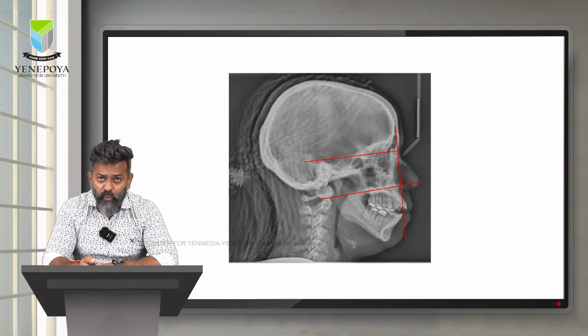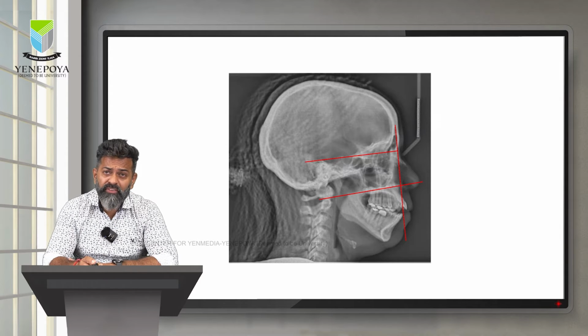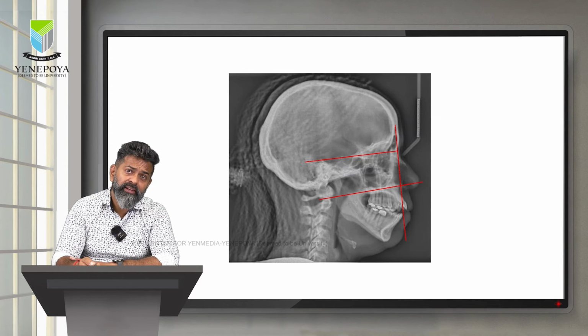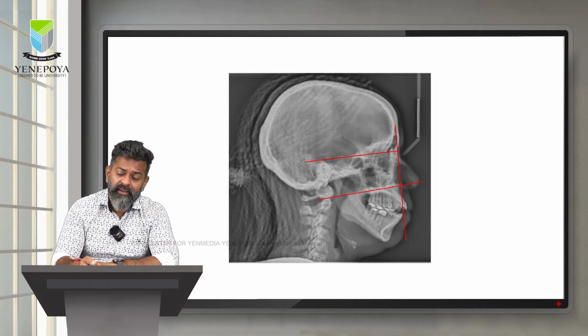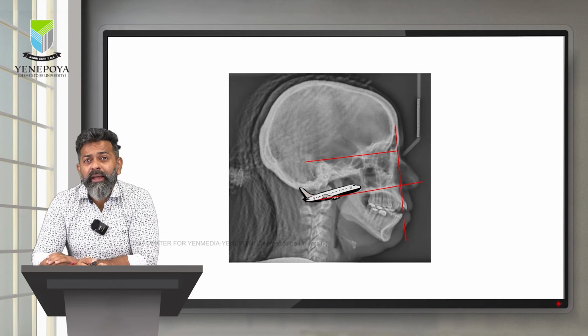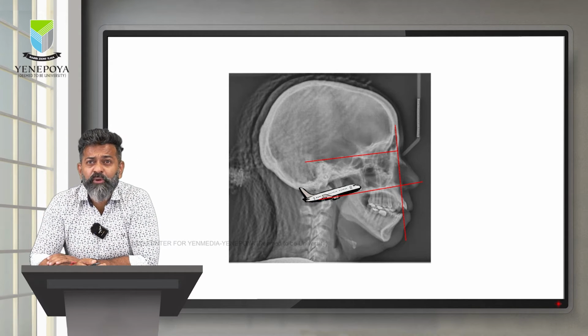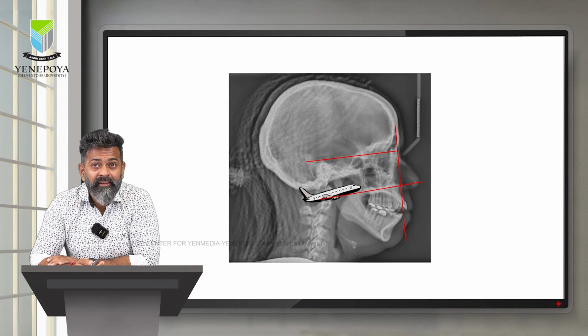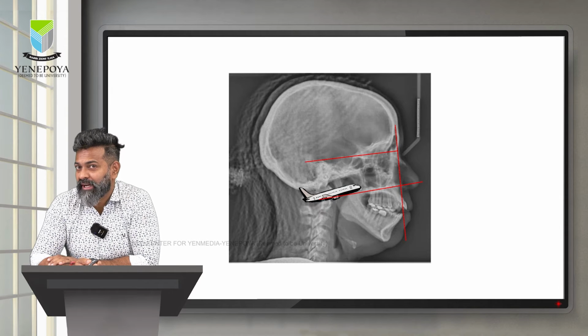Now, you can see this is a lateral ceph where the maxillary plane is like an aeroplane just about to take off from its runway. If it is in that direction, then your maxilla is causing a hinge effect on the mandible.